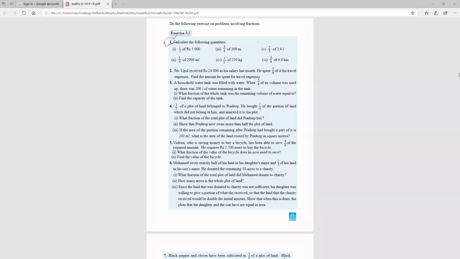Read it to yourself and answer it. Quickly, I am not going to re-explain. I will give the answers only. So quickly finish. I will give 10 minutes. It is 4 o'clock now. At 4:10 I will re-explain.